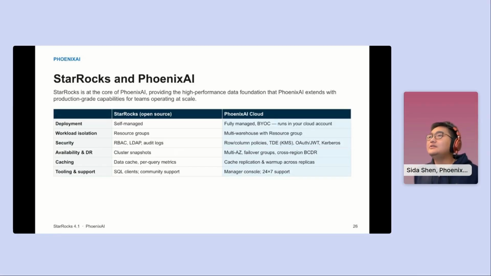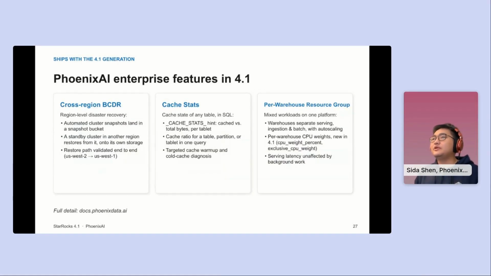Okay, and here are some of the new features that shipped with PhoenixAI StarRocks core. So some of the new ones. First is cross-region disaster recovery, right? So basically that's a periodic snapshot backup, right? So we can recover the entire cluster automatically, without you actually doing anything, within minutes, just with that snapshot information, right?